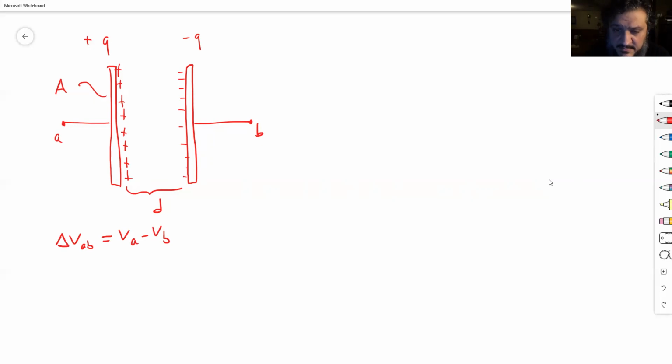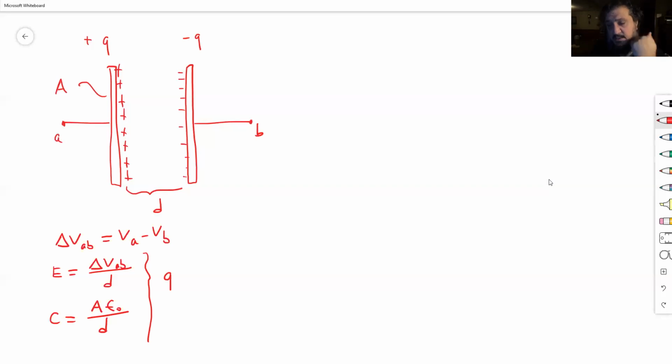And the electric field is delta VAB divided by D, and the capacitance is A epsilon 0 over D. And the charge will be equal to capacitance times delta V, all that stuff.